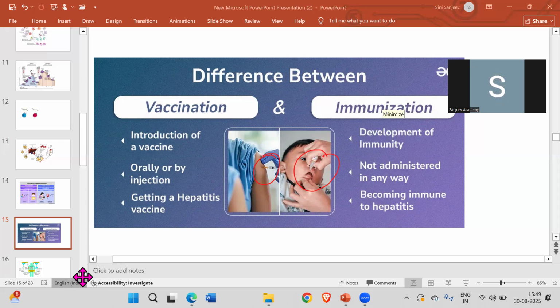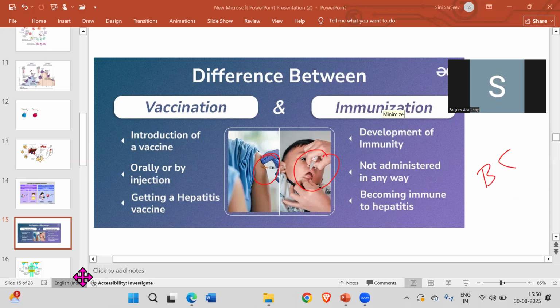For example, vaccines contain inactivated pathogens, meaning they are living but in an inactivated form, right? So the body, which is going to produce antibodies against this antigen, will already have the memory cells. And what are those memory cells?